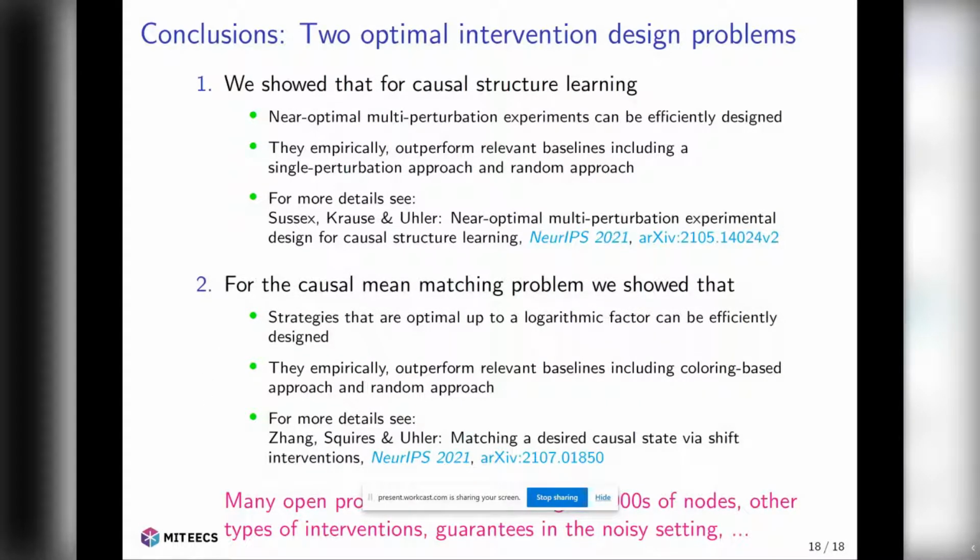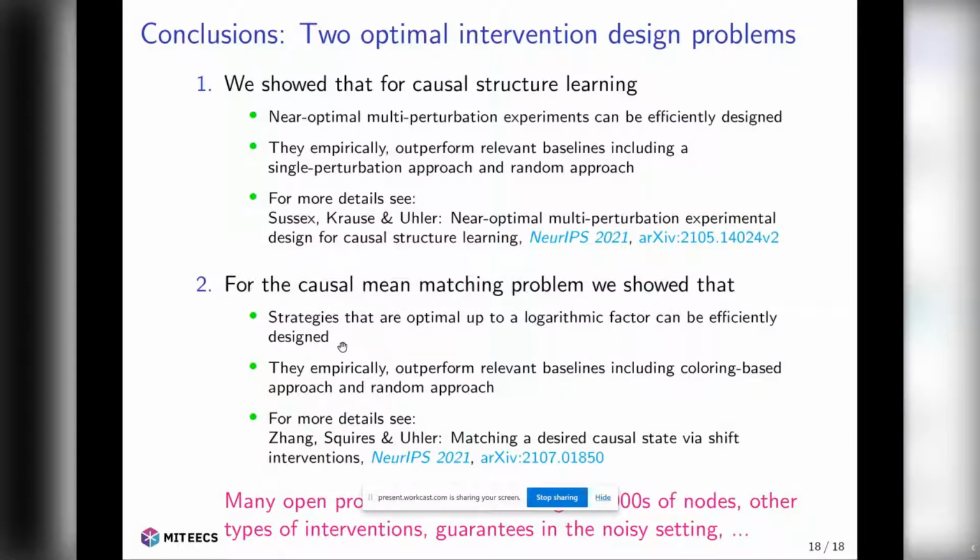So your only goal is not just to find the most information about the underlying gene regulatory network, but actually all you want to do is take a cell type A and move it to a cell type B. That doesn't in general require you to learn the full underlying gene regulatory network.